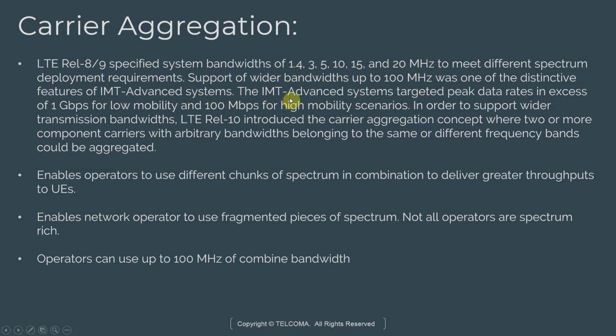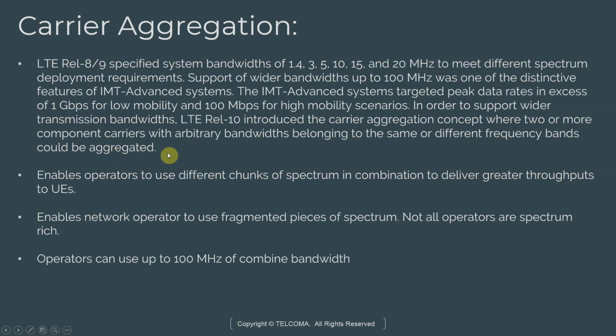The IMT Advanced systems targeted peak data rates in excess of 1 gigabit per second for low mobility and 100 megabit per second for high mobility scenarios. In order to support wider transmission bandwidths, LTE Release 10 introduced the carrier aggregation concept, where two or more component carriers with arbitrary bandwidths belonging to the same or different frequency bands could be aggregated.